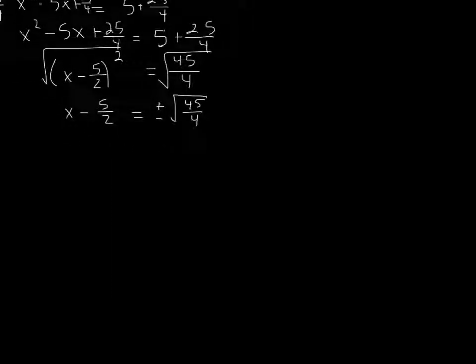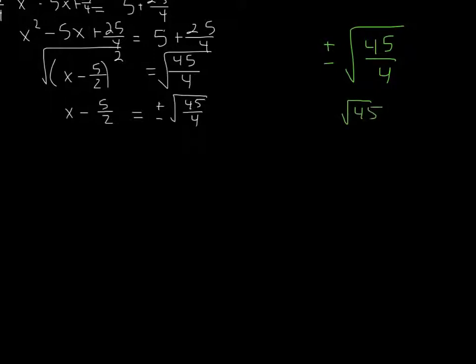Okay, so our square root of 45 over 4. Now, first of all, we can break this down into the square root of 45 over the square root of 4. And we're still going to do plus or minus over here to the side. So what's the square root of 4? Okay, well, that's 2.